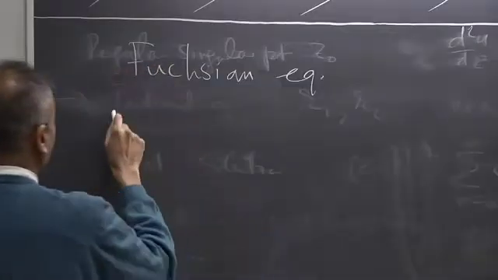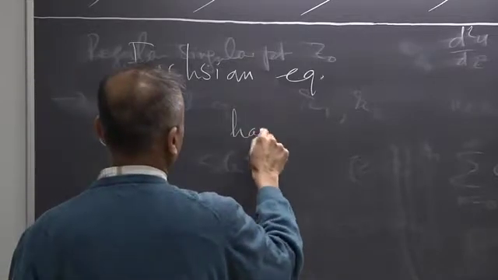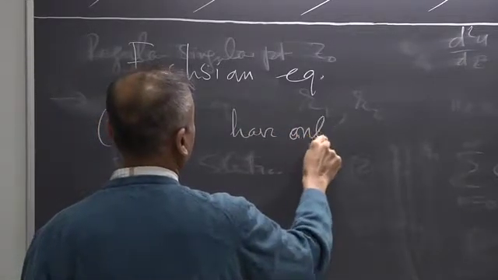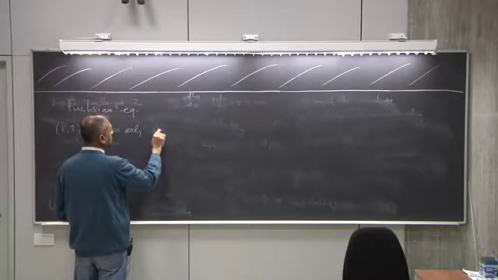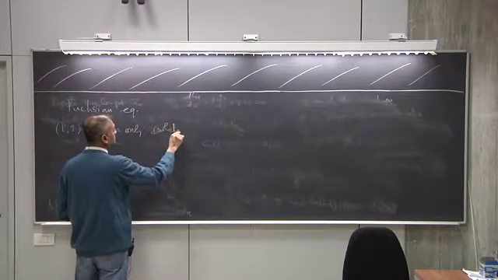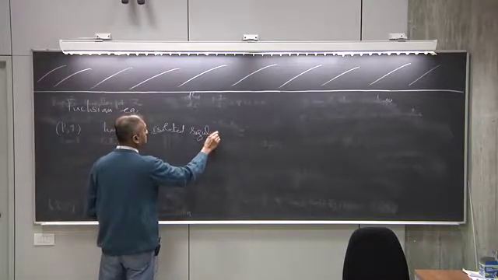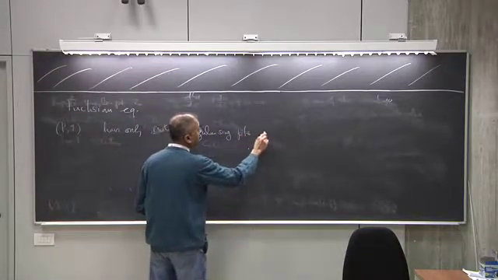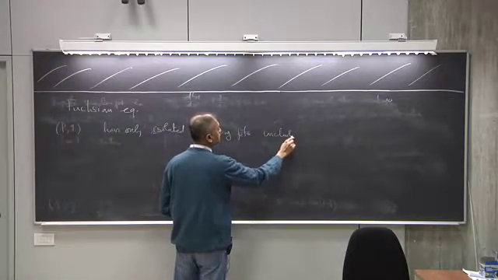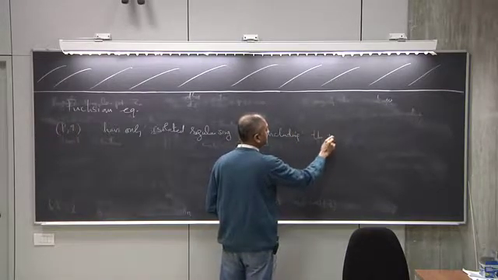So these are the equations where P and Q have only isolated regular singular points, including infinity, and that's important, including the point at infinity.